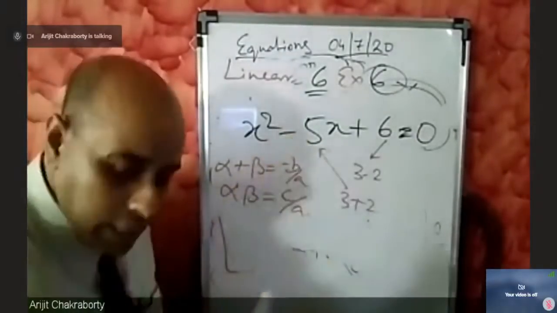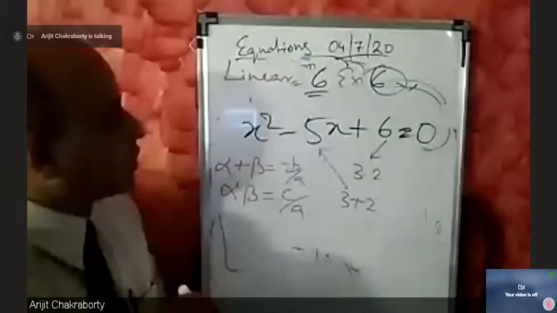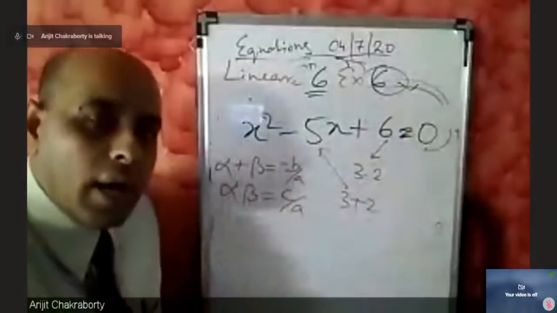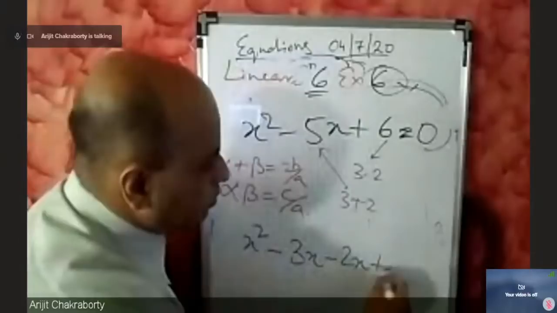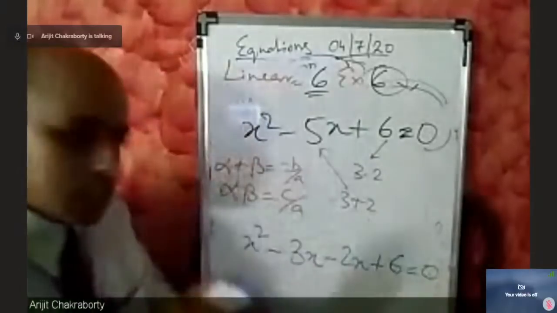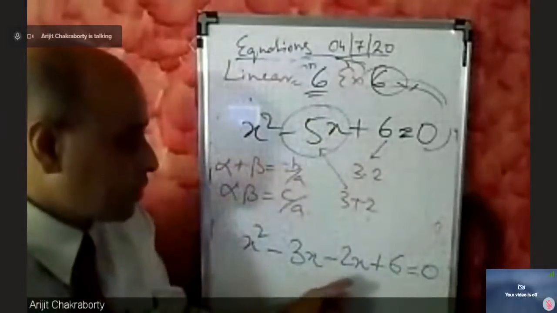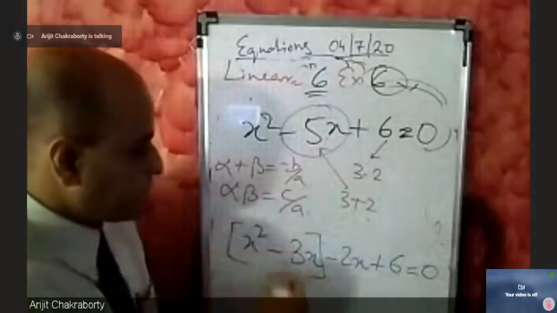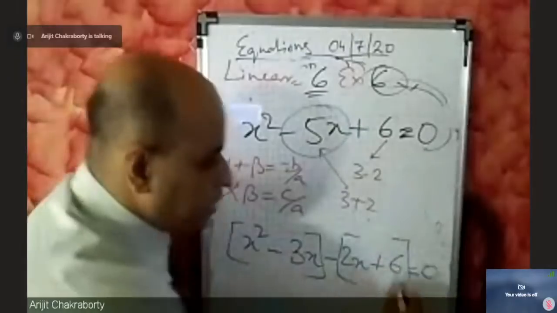So using this, if I expand the given expression, x squared minus 5x plus 6 is equal to 0, I find x squared minus 3x minus 2x plus 6 is equal to 0. So I am breaking this minus 5 into minus 3 and minus 2. So I am getting two expressions, x squared minus 3x and minus 2x plus 6.